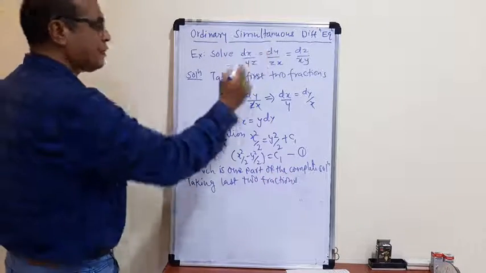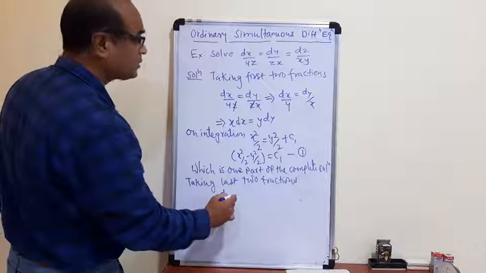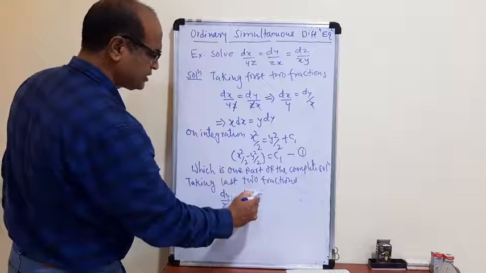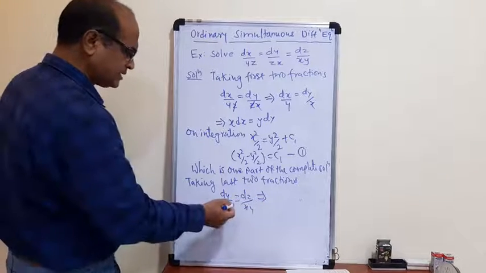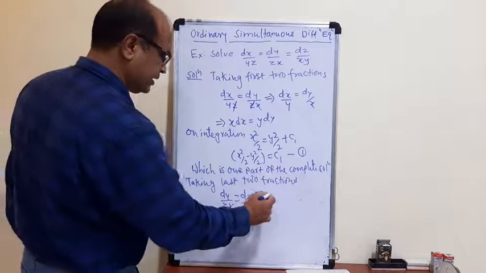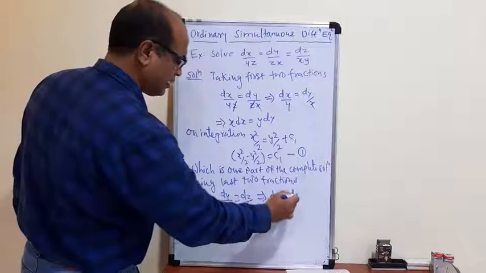So that is dy upon zx is equal to dz upon xy. So this implies that x gets cancelled, so what is remaining there? So dy upon z is equal to dz upon y.